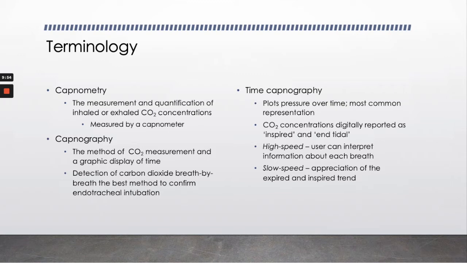With high speed, we get information about each breath, on a breath by breath basis. With slow speed, we see the trend. We can look over an entire respiratory cycle and see whether we're trending upwards or downwards with our end-tidal measurements.